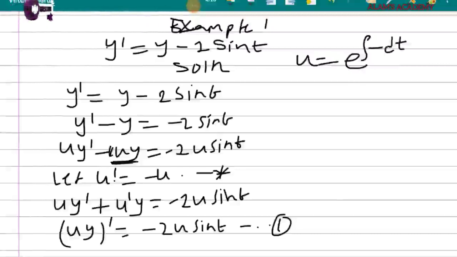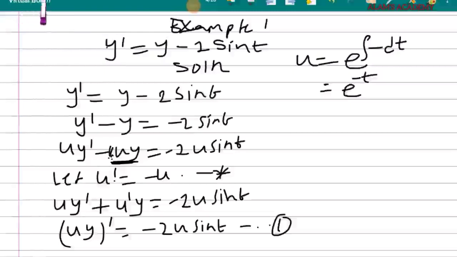Usually when we are proving, it is always the coefficient of y that is here, that we pick and integrate with. So in the example, I've explained how we get the u. So let's continue with this. And this is equal to e exponent of the integral of negative 1 dt, which is e exponent negative t.